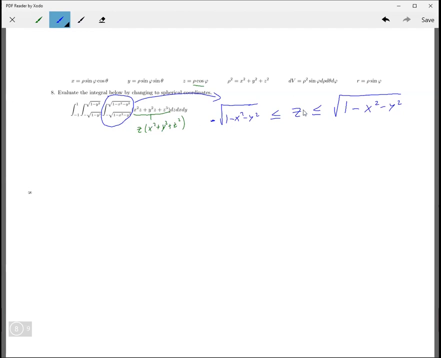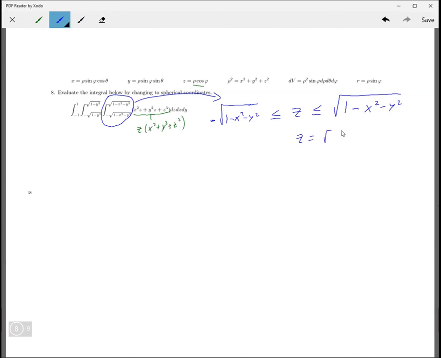Think of it that way. So z is between these two values right here. If you square that, well, that's kind of weird. So hold on, I don't want to square.